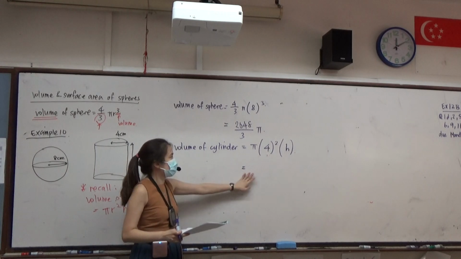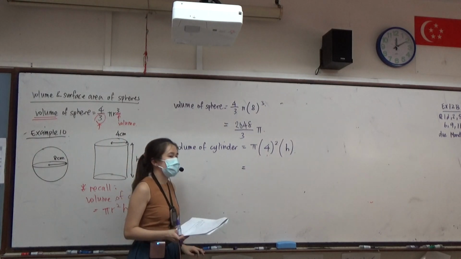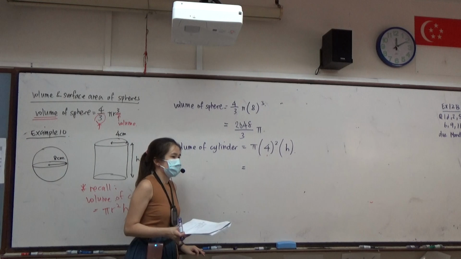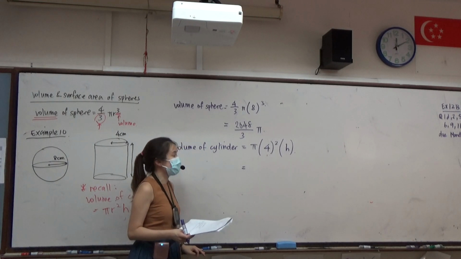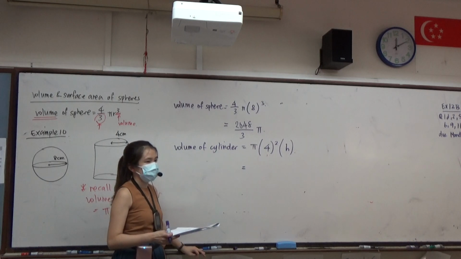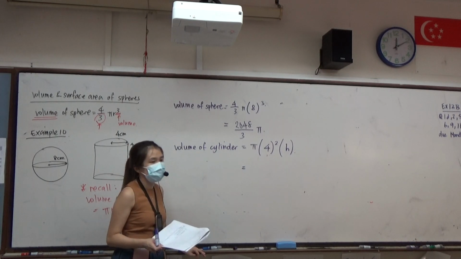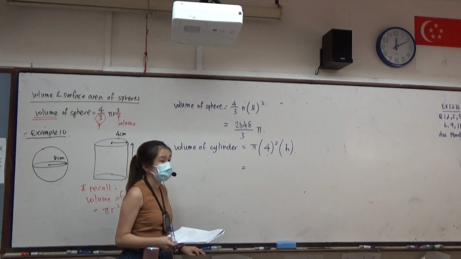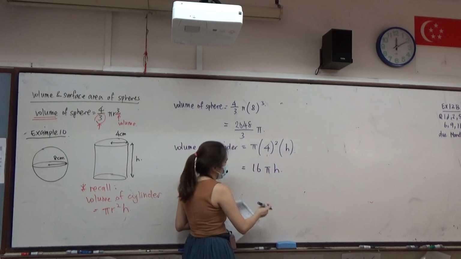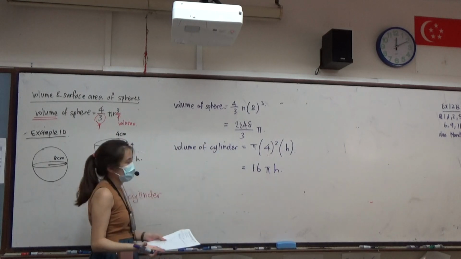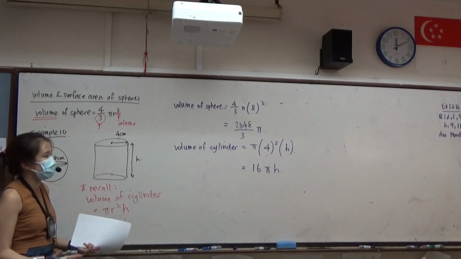Geraldine, how do you think I should find the volume of the cylinder in terms of pi? What should I calculate? Yes, and that is 16 pi h, or 16h pi, that's fine.